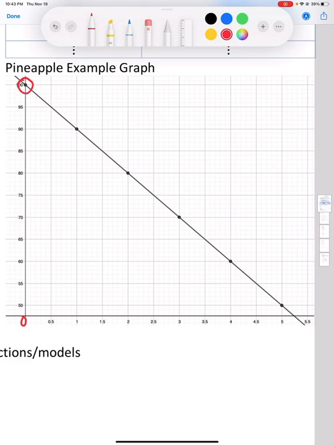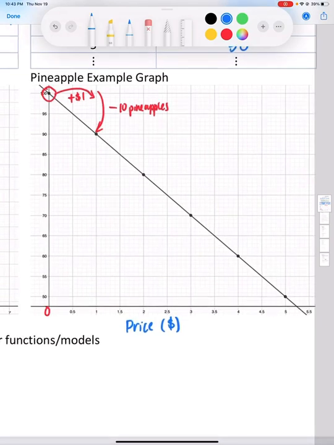But if you increase the price by $1, they will sell 10 fewer pineapples. So our axes could be labeled price in dollars, and the vertical axis is going to be the number of pineapples sold.